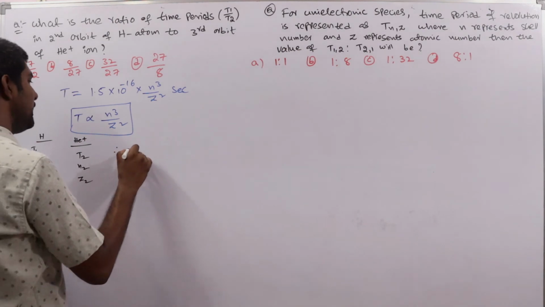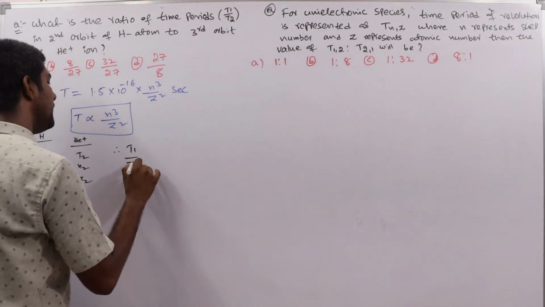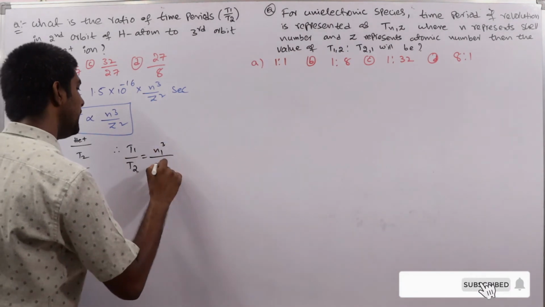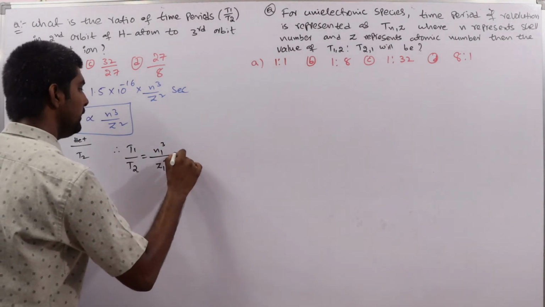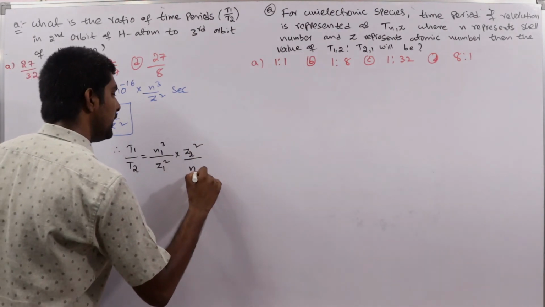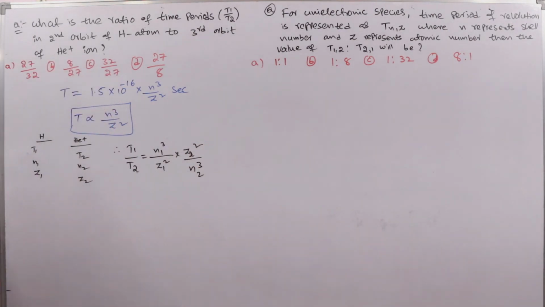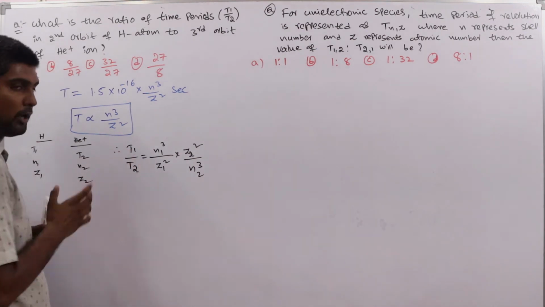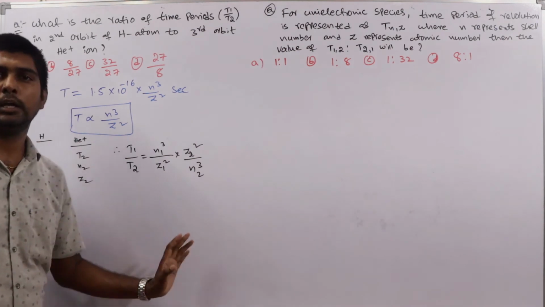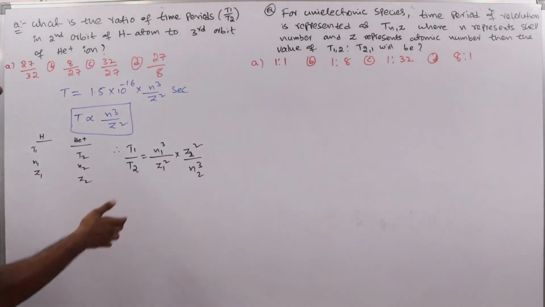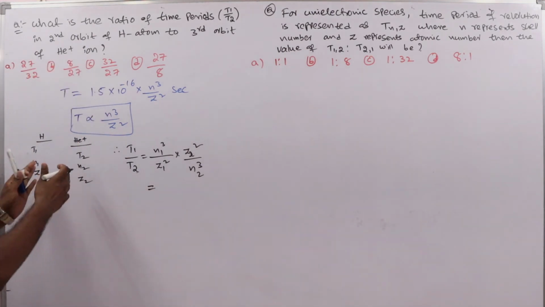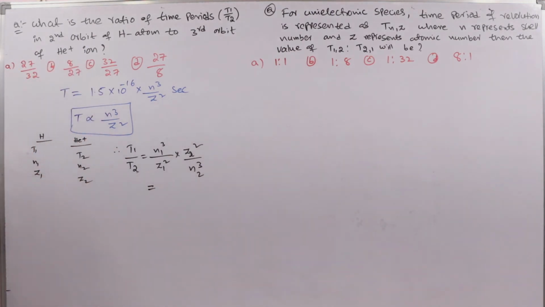So therefore here we get T1 by T2 is equal to N1 cube by Z1 square into Z2 square by N2 cube. So finally we get like this. T1 by T2, one is for hydrogen atom, two is for helium plus ion we are considering. So what is the information provided? To understand easily we are taking like this.